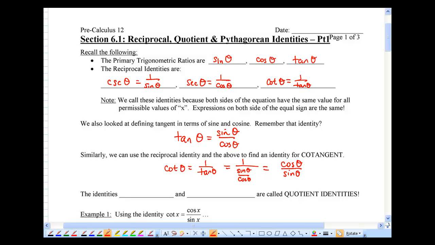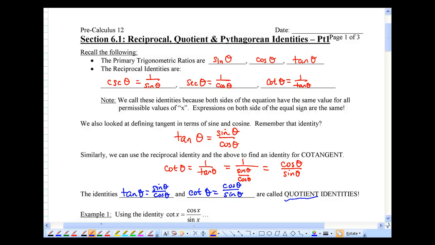So these identities, tangent theta equal to sine theta over cos theta, and cotangent theta equal to cosine theta over sine theta, have special names too. They're called quotient identities, quotient because you're doing a division.